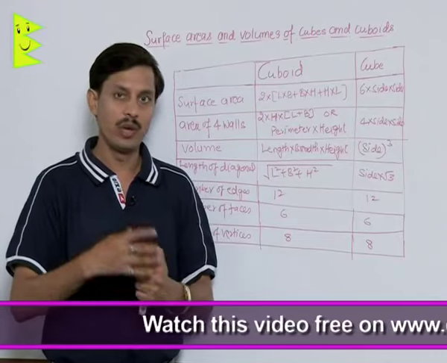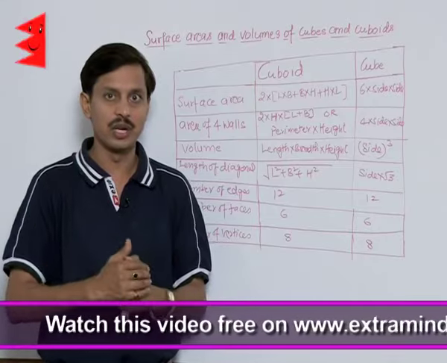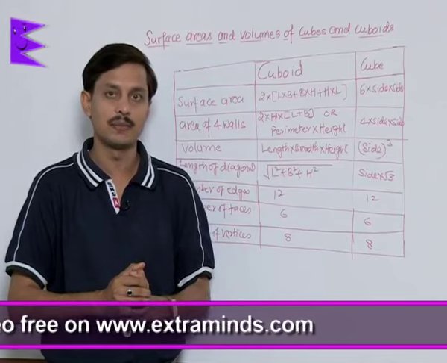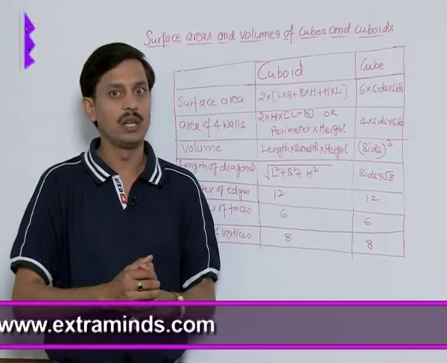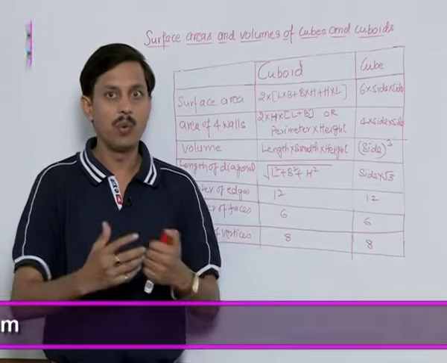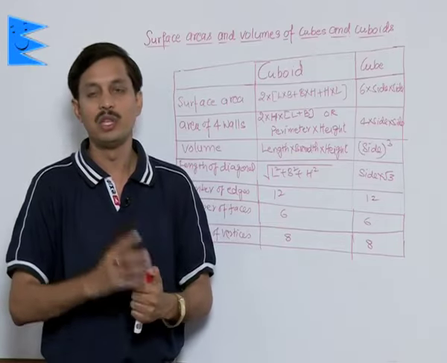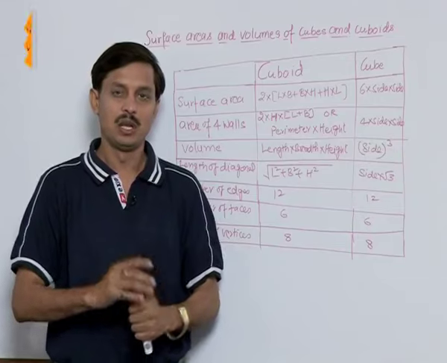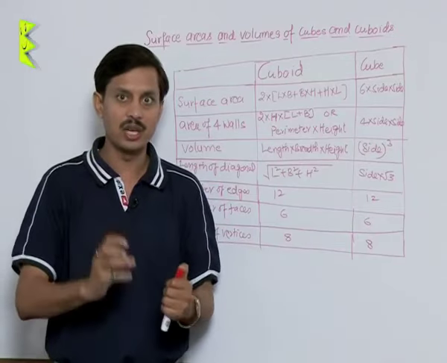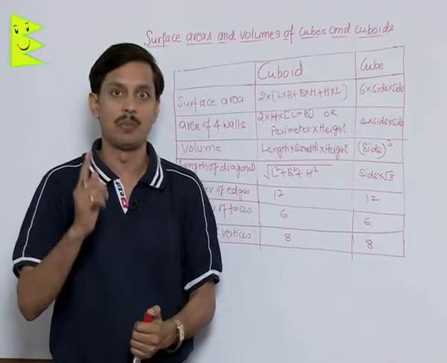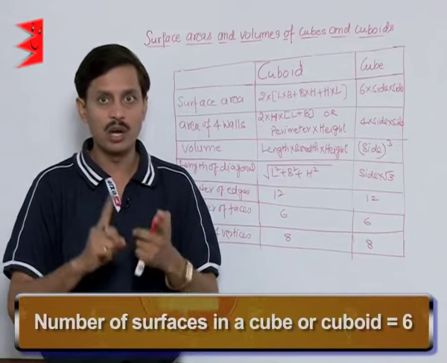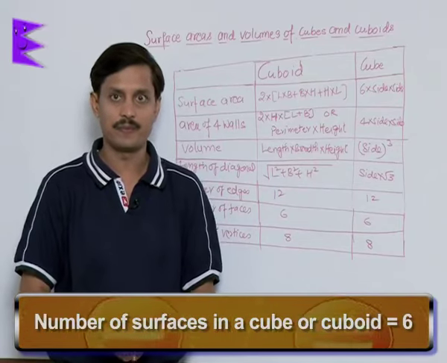Like in a room where you study, the floor you sit on is the first surface, above it there is a roof, the second surface, and there are 4 walls in a room. These are the 4 other surfaces. So, the number of surfaces in a cube or cuboid is always 6.